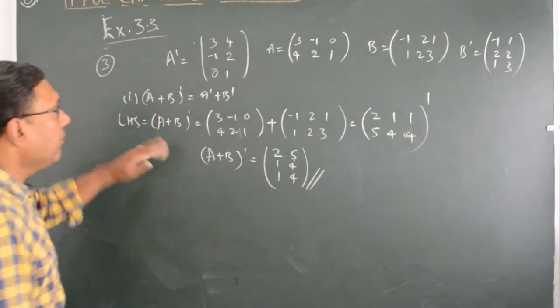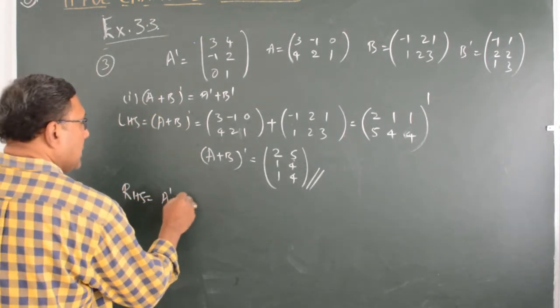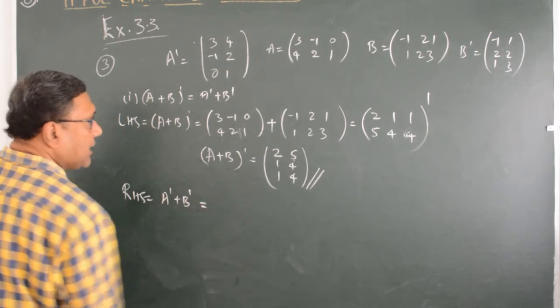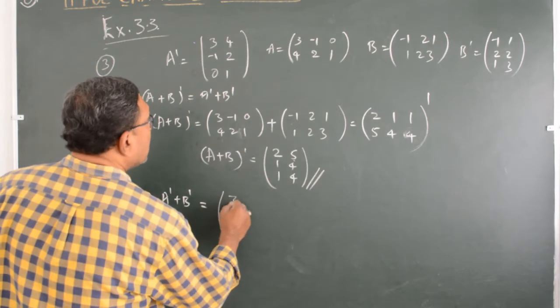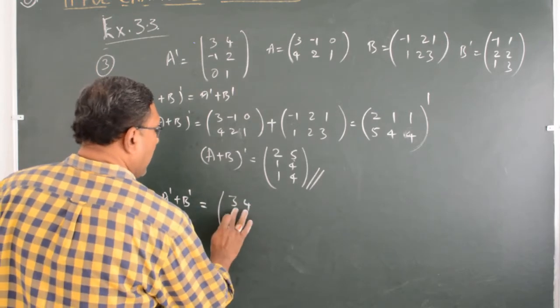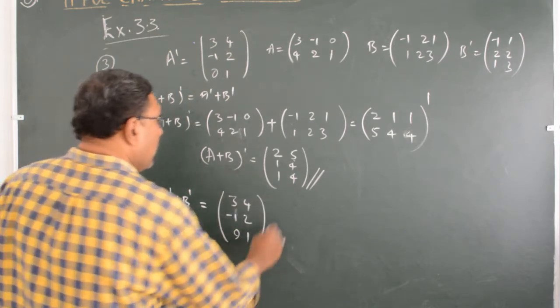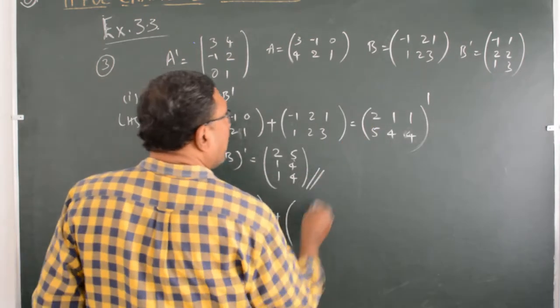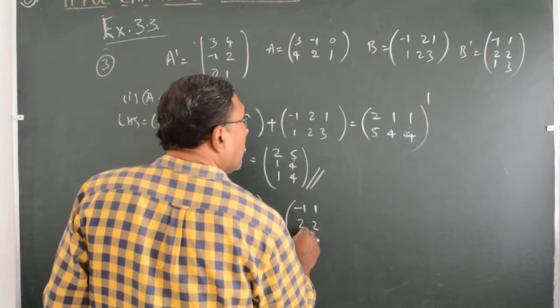We take the second, which is RHS, A transpose plus B transpose. Separately we do. We know what is A transpose, 3, 4, minus 1, 2 and 0, 1, okay? Should be added with my B transpose, minus 1, 1, 2, 2 and 1, 3.